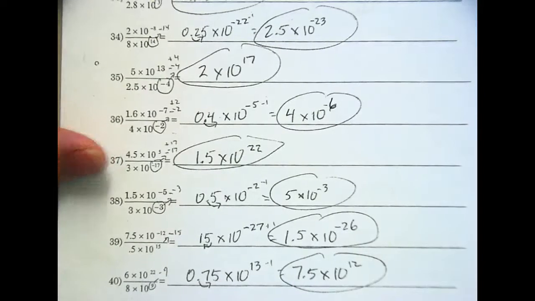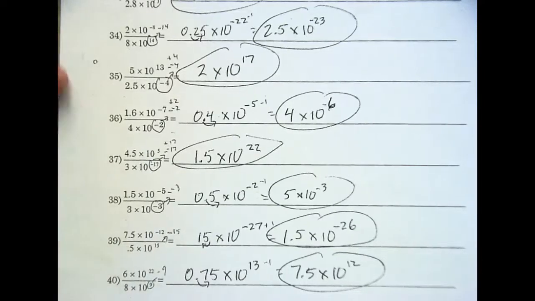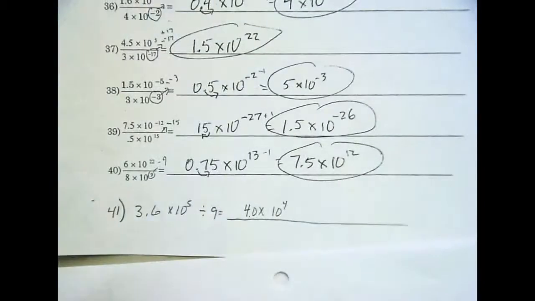Okay, let me finish this one real quick. So we get 0.4, and then we've got to move our decimal place. So rather than 10 to the 5th, we get 10 to the 4th. Okay. All right. So number 33, the question came up.